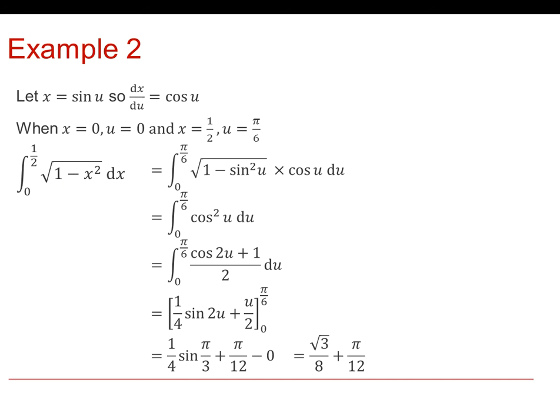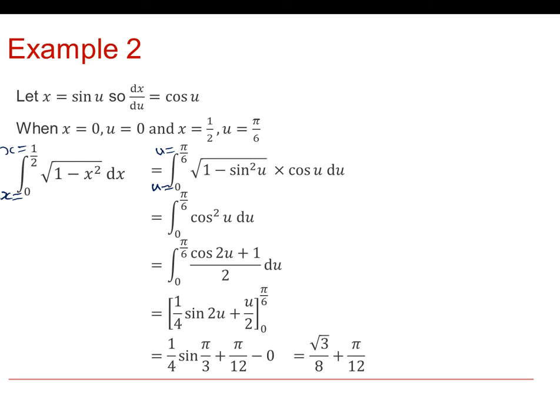Note here that one of the common errors is in changing the limits. Whereas here we were working with that limit of x equal to 0.5, some people like to write that in so that they know that they're not forgetting. And then we change to u equals 0 and pi by 6.